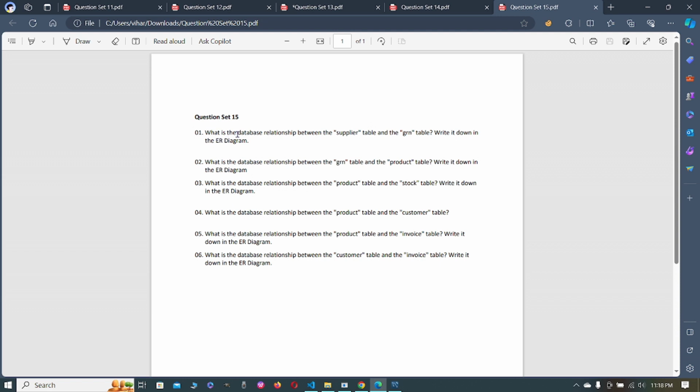The first question is, what is the database relationship between the supplier table and the GRN table? Write it down in the ER diagram. Supplier and GRN are tables, so there's a one-to-many relationship when we consider it from supplier to GRN table.